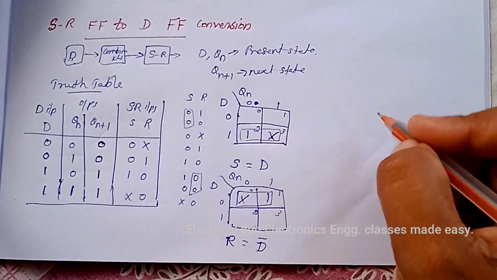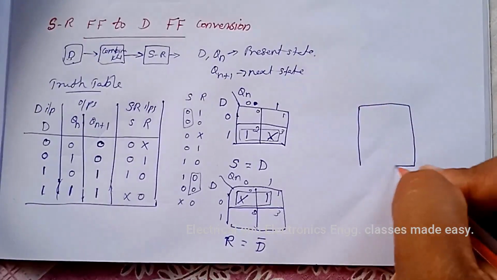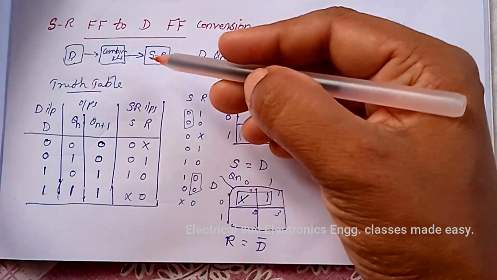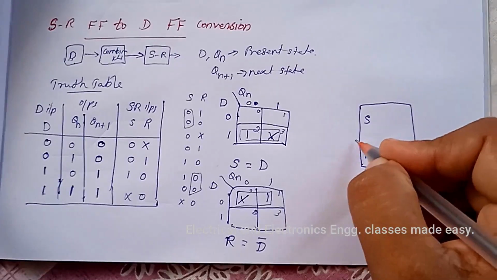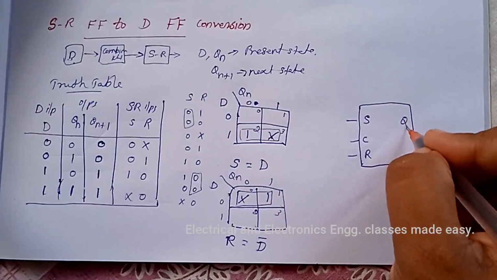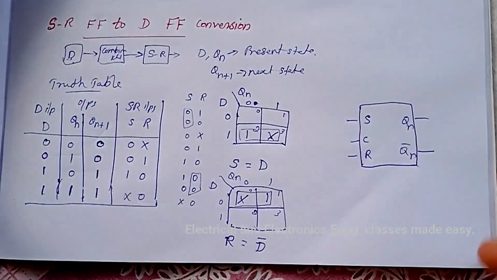Now we can draw the logic diagram. So this is the actual flip-flop. So here actual flip-flop is SR and clock. Then Qn and Qn bar are the outputs.